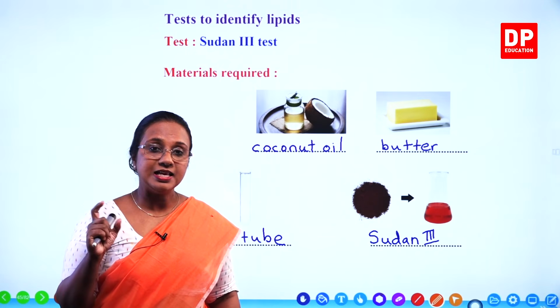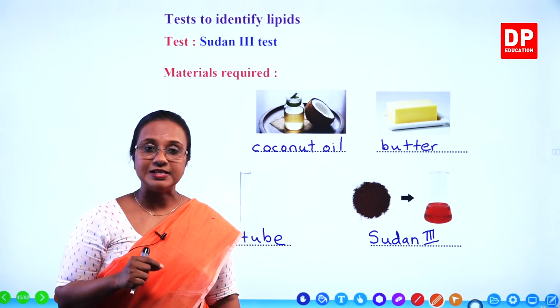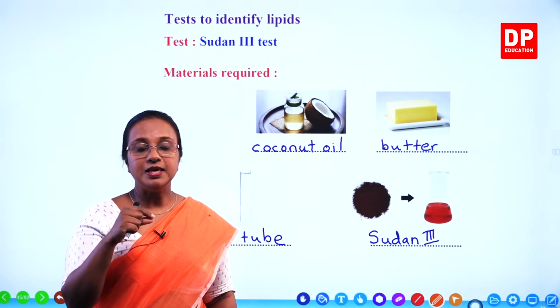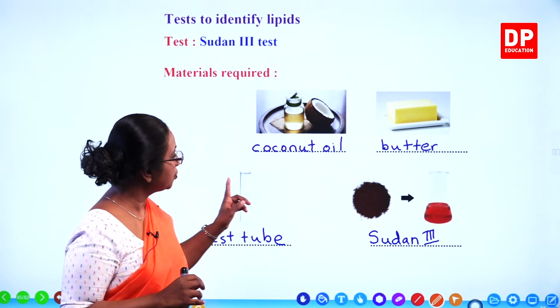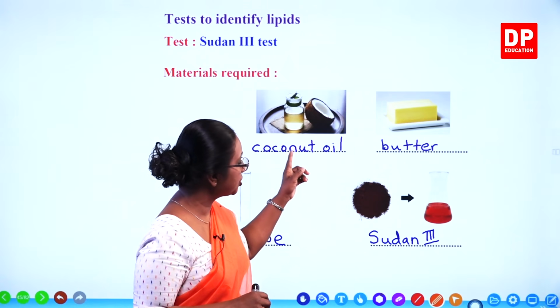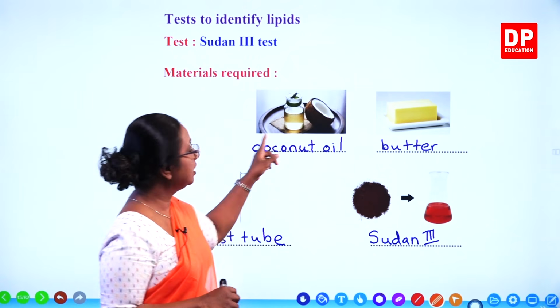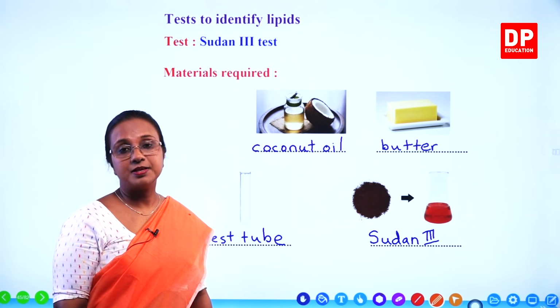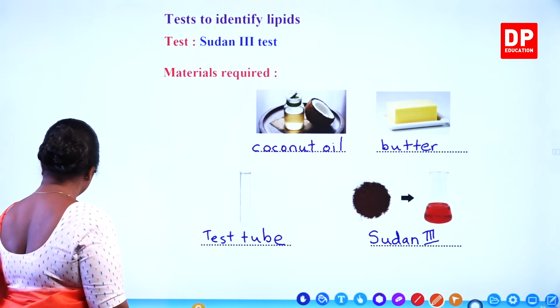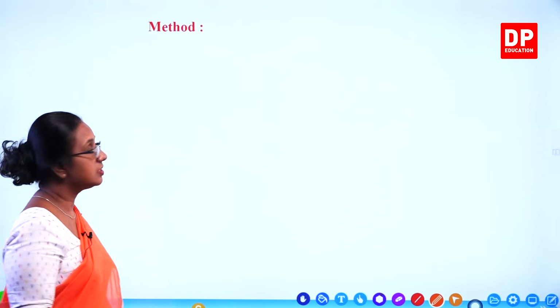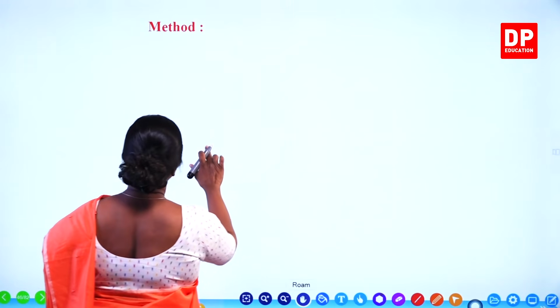When you mix it and look at it, you will see that there will be red fat globules formed. So that will be the observation for the activity to test the presence of oil. I will brief this procedure first. So here we do the test for oils.